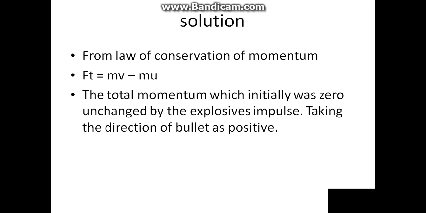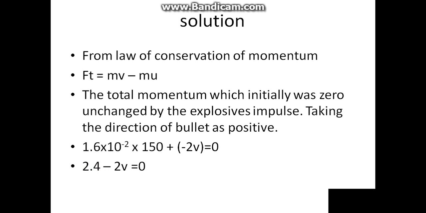Taking the direction of the bullet as positive, we have that 1.6 times 10 raised to power minus 2 times 150 plus (minus 2v) is equal to 0. 2.4 minus 2v is equal to 0. V is equal to 1.2 meters per second due west.